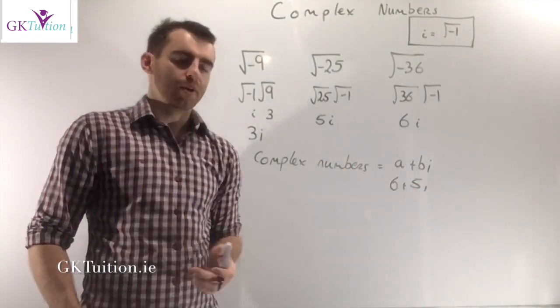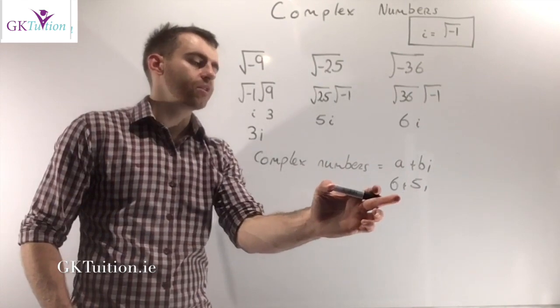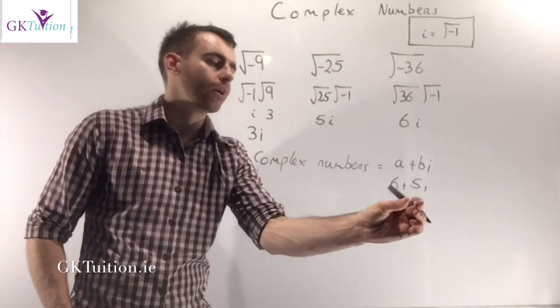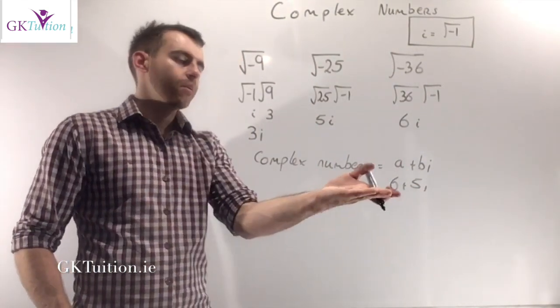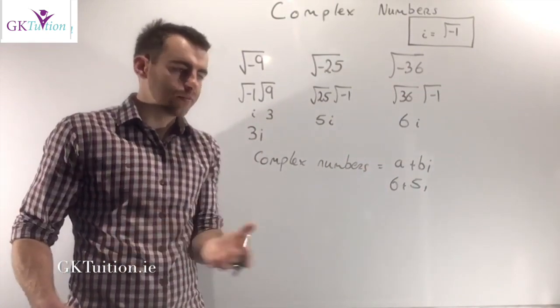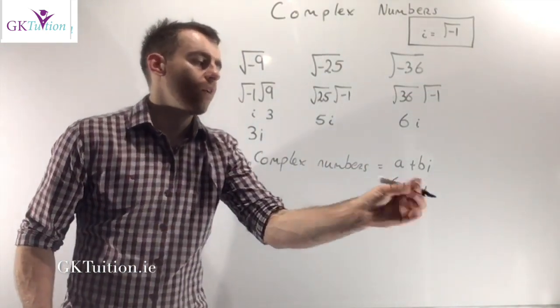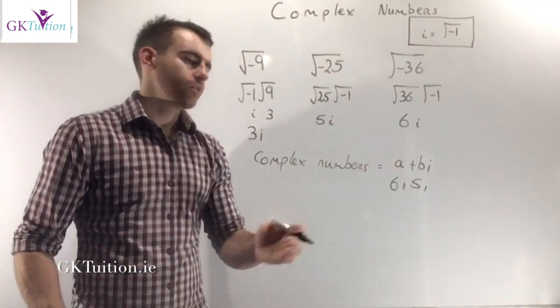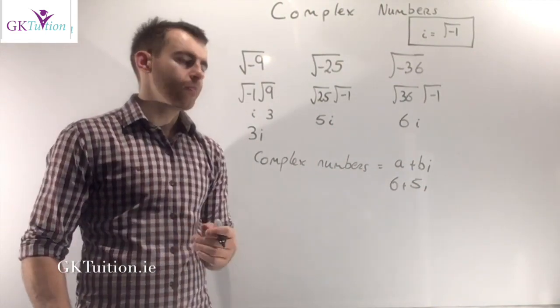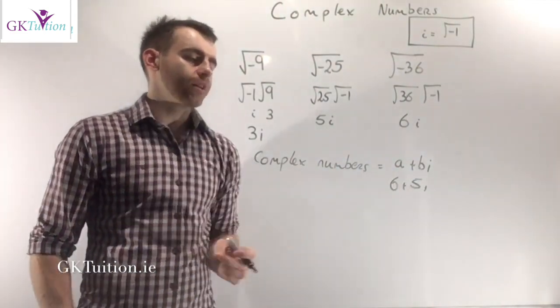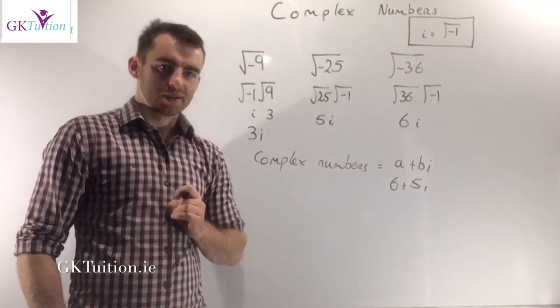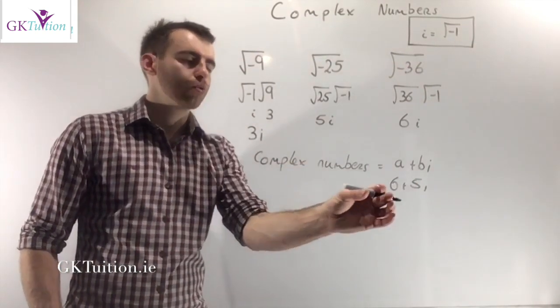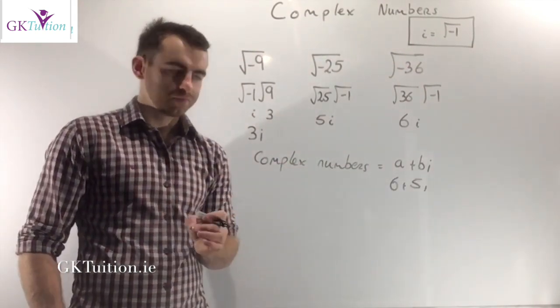This is known as a complex number because it contains a real value, a real number, and it contains an imaginary number. 6 is a real number. Obviously, we've been dealing with that for years. 5i is an imaginary number. So 6 plus 5i, that's a real element and an imaginary element. That is known as a complex number. A complex number has both real and imaginary elements to it.